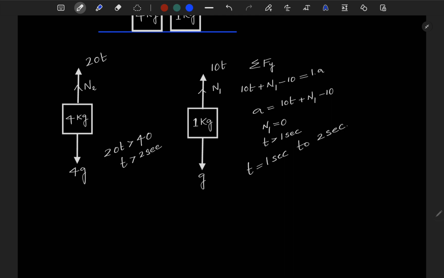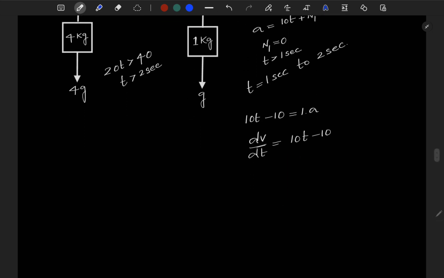Since the force on the 1 kg is variable, I can write the net force as 10t minus 10 is equal to ma, which is 1a, and the value of normal has become 0. You can observe that here. Since the force is variable, acceleration is also variable. I need to use dv by dt, which is acceleration, is equal to 10t minus 10.